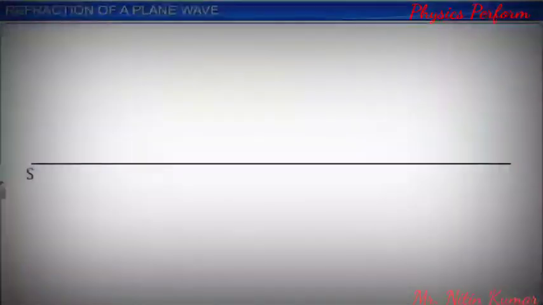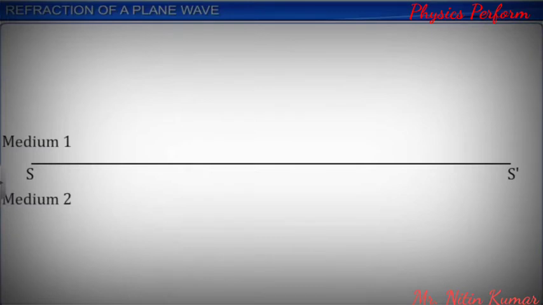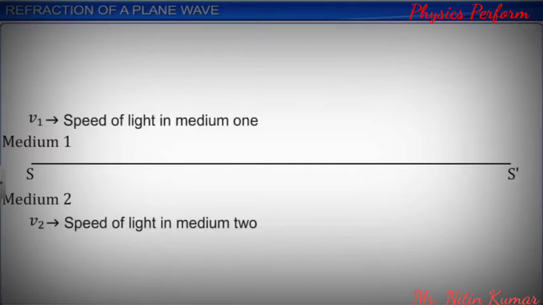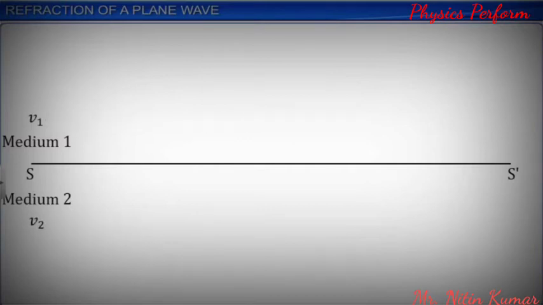Let SS' be the boundary of the two transparent media, medium 1 and medium 2, in which the speeds of light are v1 and v2 respectively. Consider a plane wavefront AB in medium 1 that is propagating towards the interface SS'.